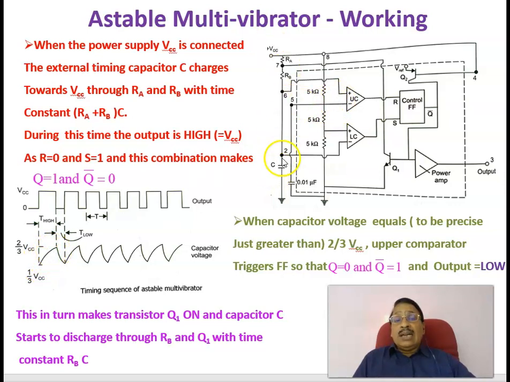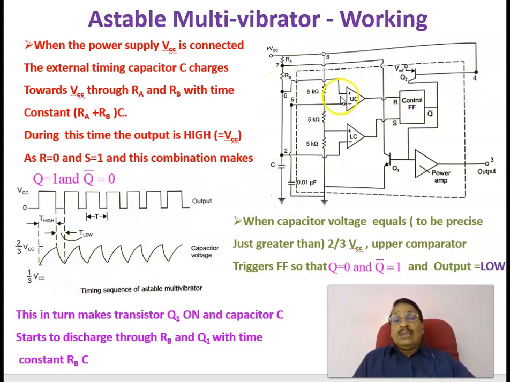During that period, the set pin is high, so Q is high and Q bar is low, and since there is an inverter, the output is high. That is the charging of the capacitor through RA and RB with a time constant of (RA plus RB) times C.